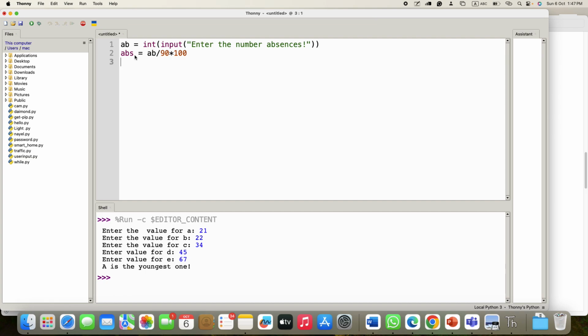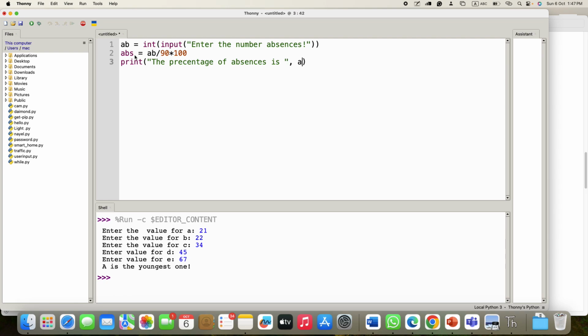How? Like this, print. The number of percentage is, you're going to put here percentage, right?